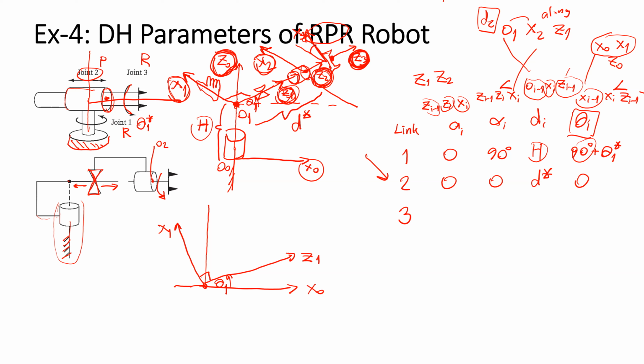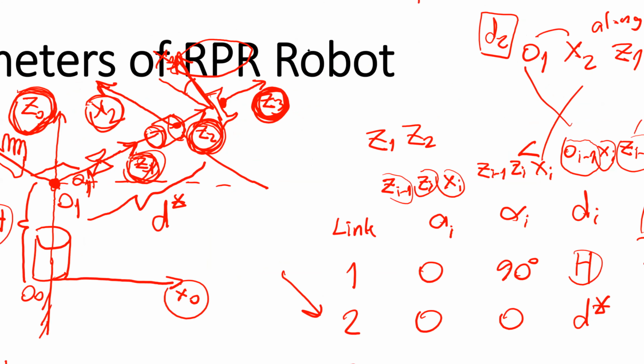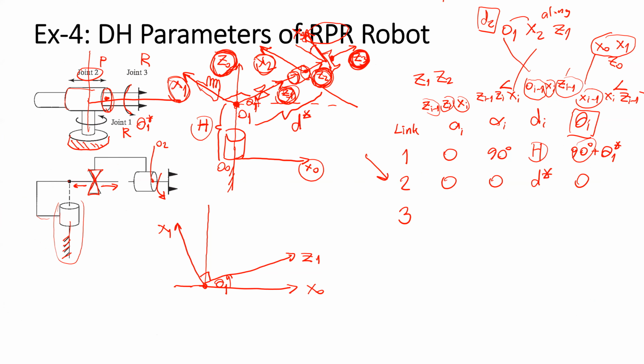If you rotate by theta 3, you can create the direction difference between x2 and x3.